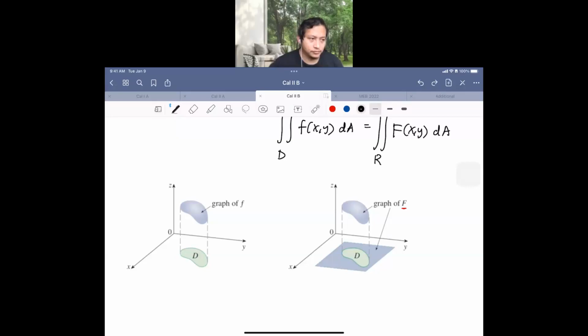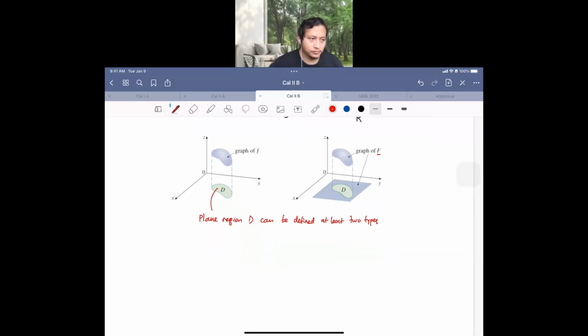Okay, now we are going to define our region D. The plane region D can be defined as at least two types.